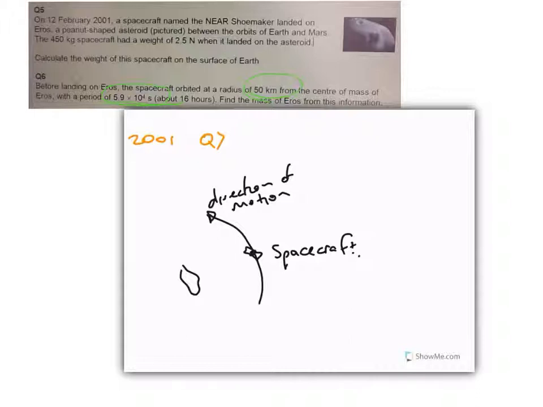And there is a very clear thing that says not to scale, obviously. What's that error can spell? And it says draw one or more labelled arrows to show any force acting on the spacecraft as it orbits Eros. You can ignore any other astronomical bodies.